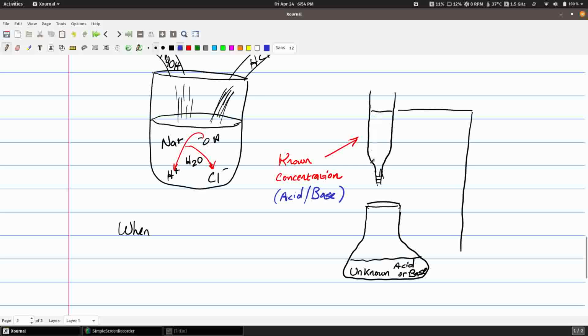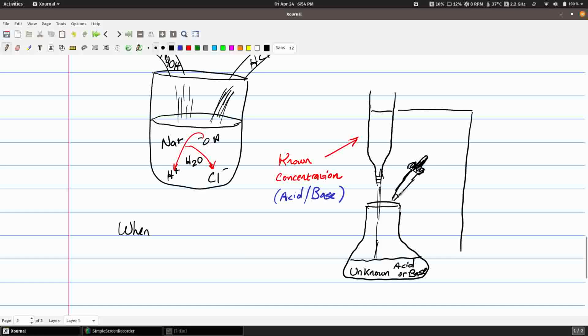And then what happens is your liquid would mix with this, and then you add in a small amount of indicator. It's a horrible dropper, but you get the point.